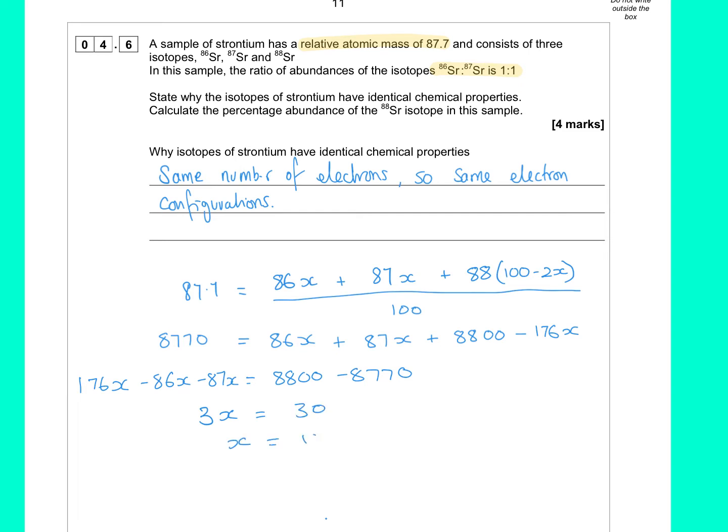So therefore x is 10. So if 86 has an abundance of 10 and 87 has an abundance of 10, the 88 must have an abundance of 80.